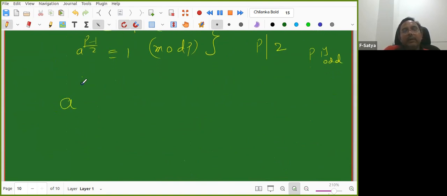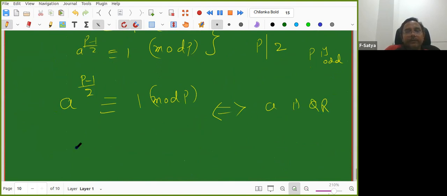So what conclusion can we make now? a power (p minus 1)/2 is congruent to 1 modulo p if and only if a is a quadratic residue. This we know. Suppose now a is not a quadratic residue.